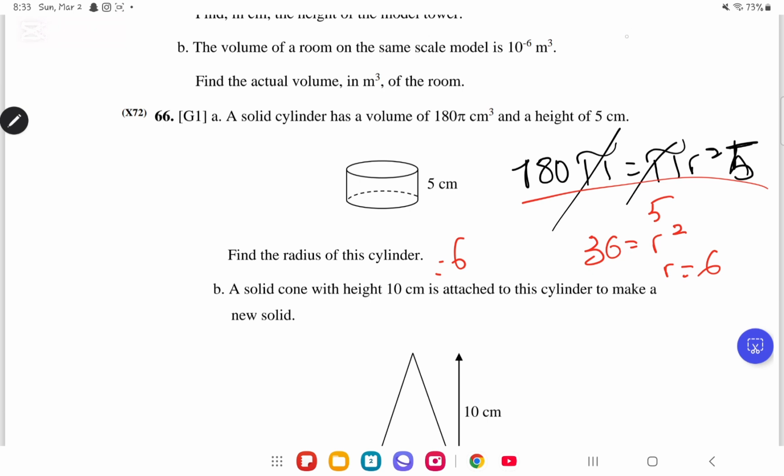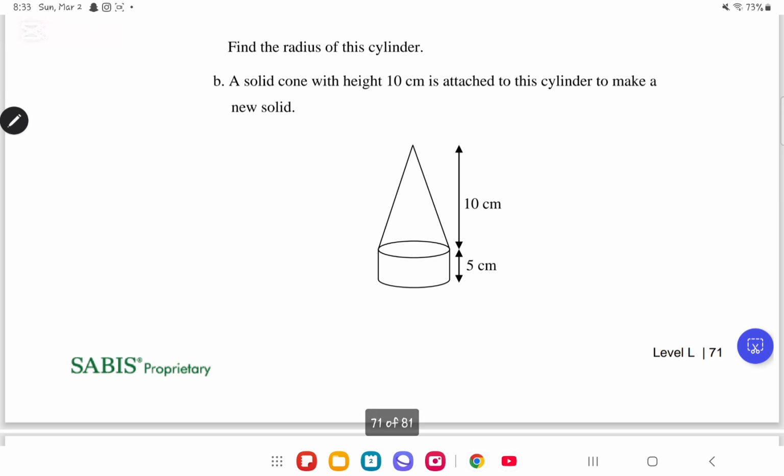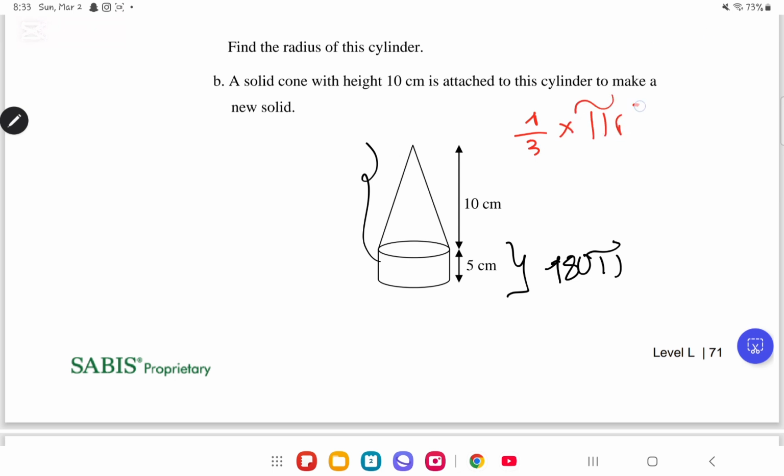We move on to part B. A solid cone with a height of 10 centimeters is attached to a cylinder to make this new solid. You know that the volume of the cylinder at the bottom is 180 pi, so just keep it like this. Now to find the volume of the cone on top, it is 1 over 3 times pi r squared h. We know that the radius is the same because they're on top of each other.